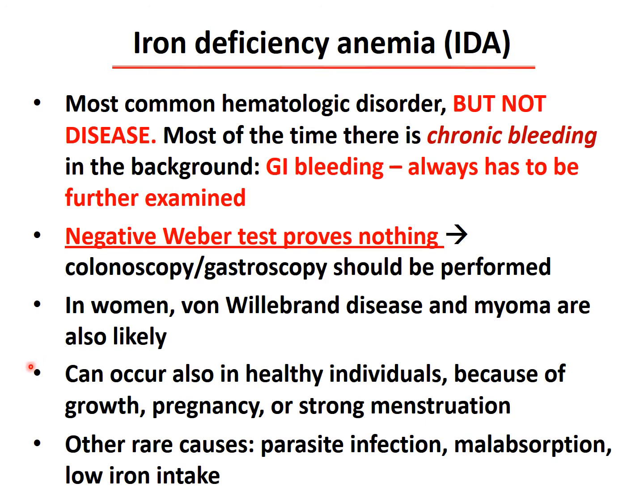Now, in healthy individuals, for example during pregnancy or a strong menstrual cycle, they need extra iron and can develop iron deficiency. Or in other cases, somebody may be suffering from parasite infection, malabsorption, or low iron intake. Who can have low iron intake? Vegetarians, for example, because the most absorbable iron is heme-bound iron.